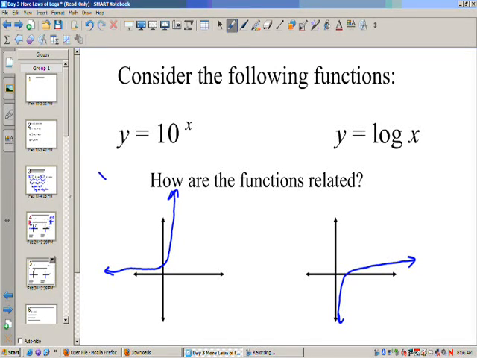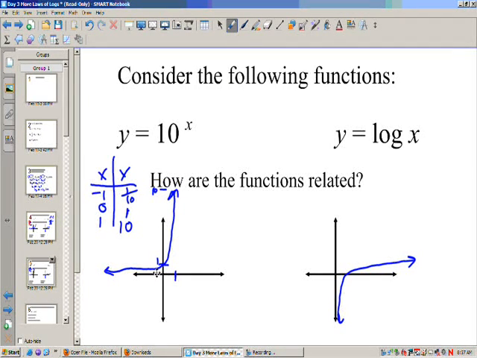Now if I made my x and y on this graph, if I did -1, 0, and 1, at -1, it would be 10 to the -1, which is 1/10. 0, again, is 1. 10 to the first is 10. So this value is at 1. And when it hits 1, it'll happen at 10.